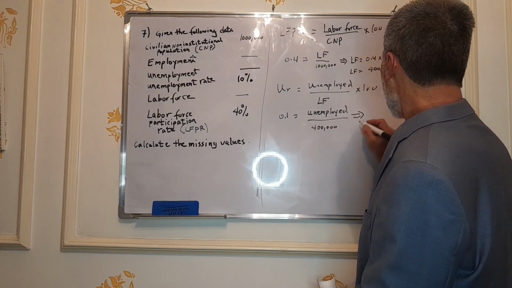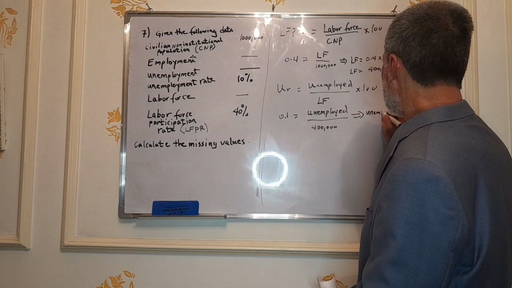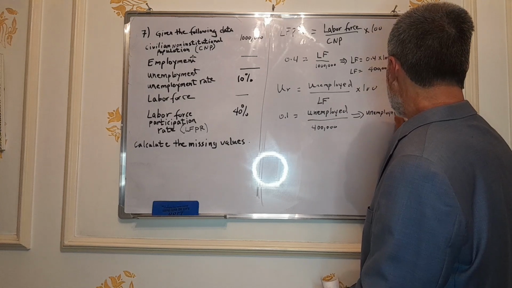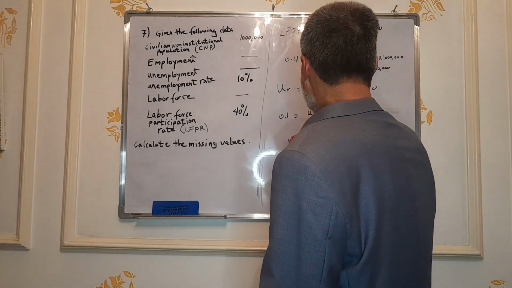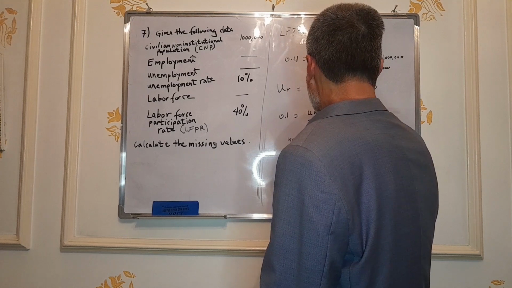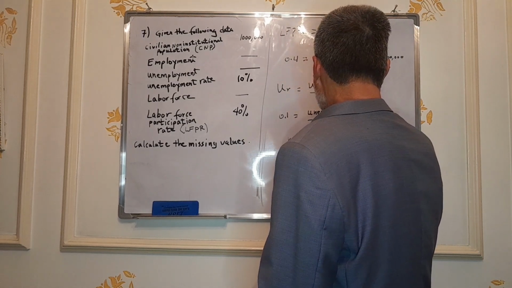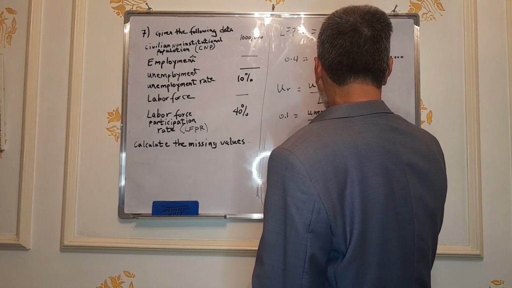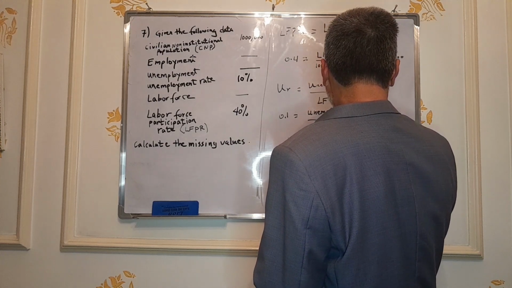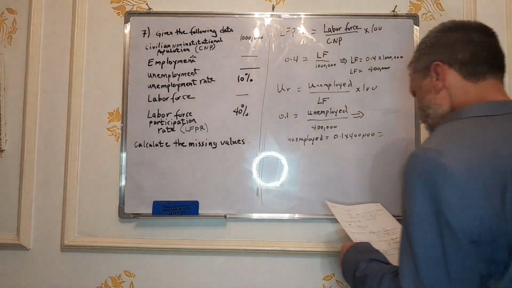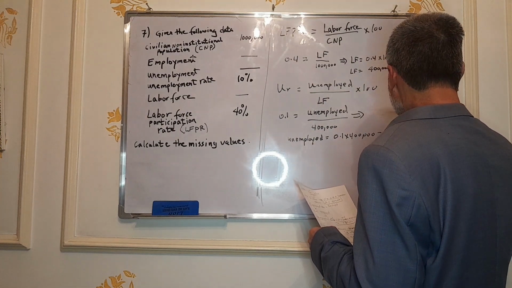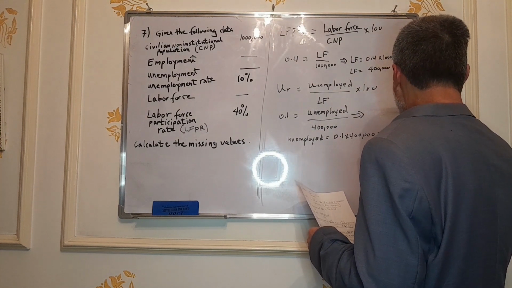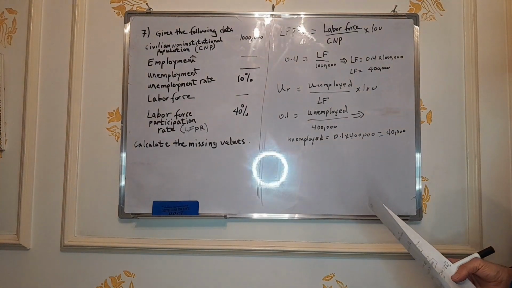This implies that unemployed is equal to 0.1 times 400,000, which is 40,000. So now the unemployed are 40,000 individuals.